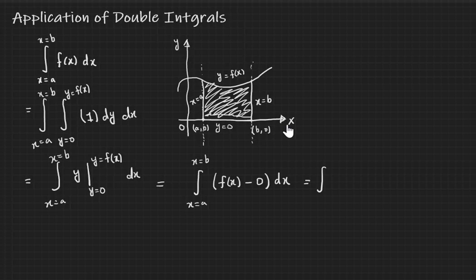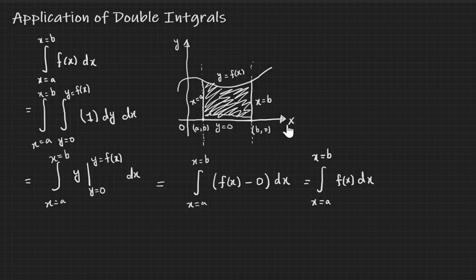Hence we can see that the final answer after evaluating the integration with respect to y is the same as the single integral of f of x from x equals a to x equals b.